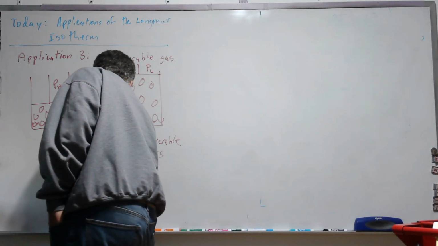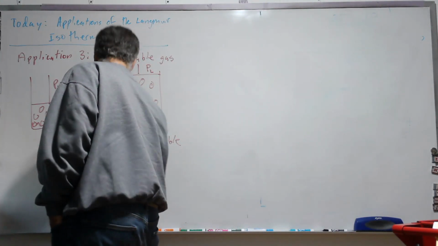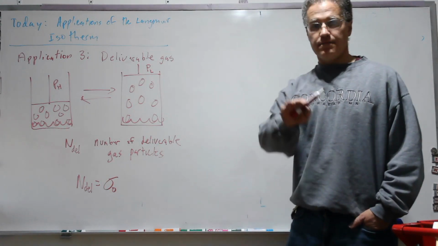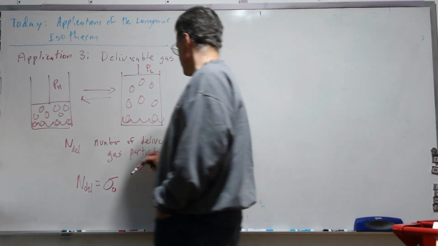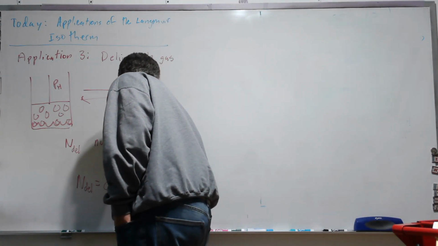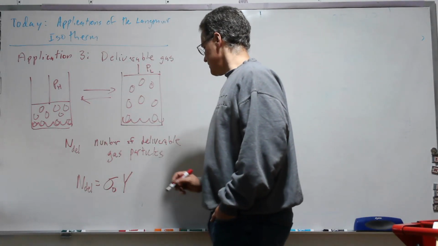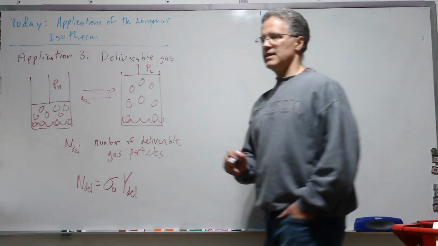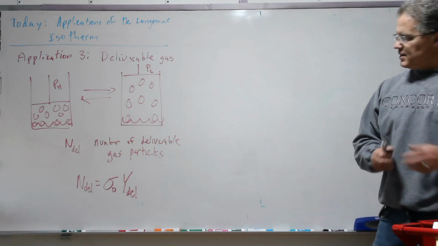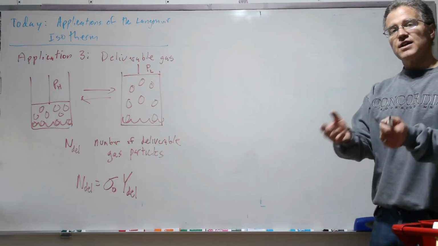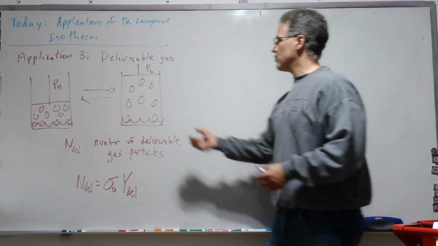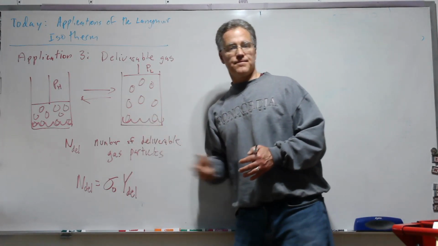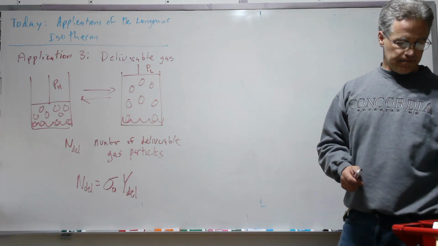So sigma naught is the number of surface sites, times the fraction of surface sites that are released when we go to a lower pressure. We call that Y del.